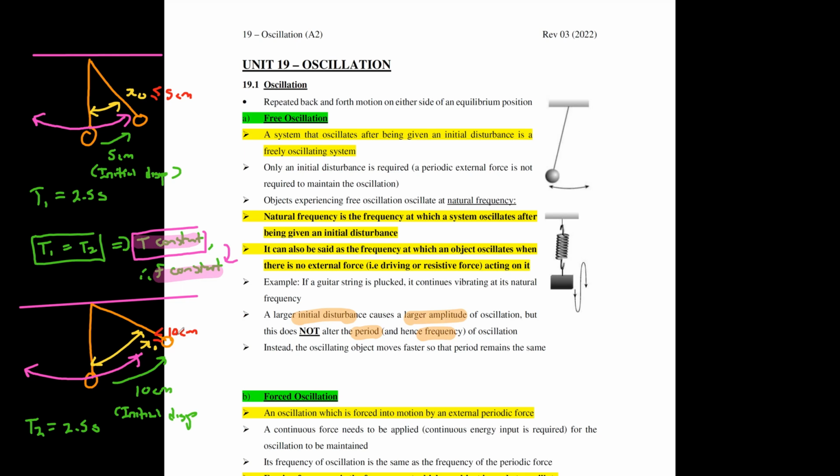Now, for the case of the second oscillation for the same pendulum bob, what we will say here is that the mass moves faster over a larger distance, so that the period remains the same.